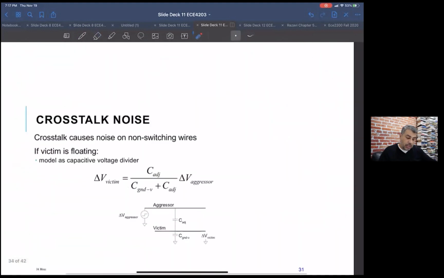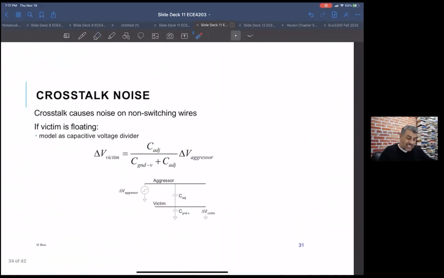Okay, so that's one thing that crosstalk does. The second thing that crosstalk does is actually injecting noise into the adjacent lines. And the worst case scenario is a case where your victim node is floating. Okay, if it's floating, you just have this really capacitive divider equation.